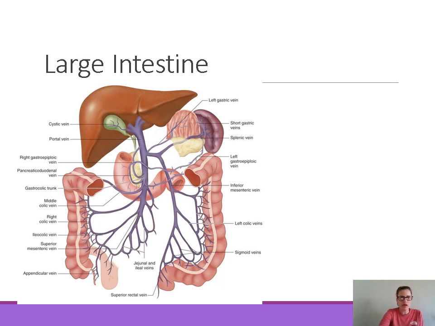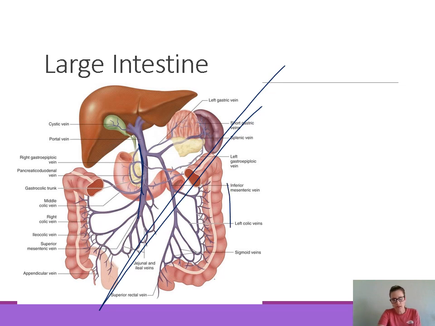But we still have our same branches coming from the colon and going into the superior mesenteric vein, and then the same transition point in blood supply, where we have our vessels coming from the descending and sigmoid colon, right? We have our sigmoid veins, we have the left colic vein, and these are going into the inferior mesenteric vein. Remember, the inferior mesenteric vein merges with the splenic vein, right? And then the superior mesenteric vein merges with the splenic vein, and that becomes the hepatic portal vein.